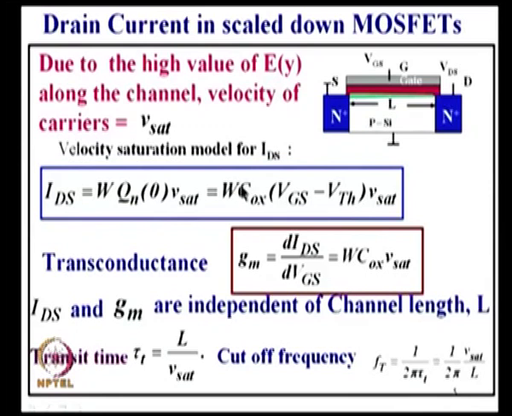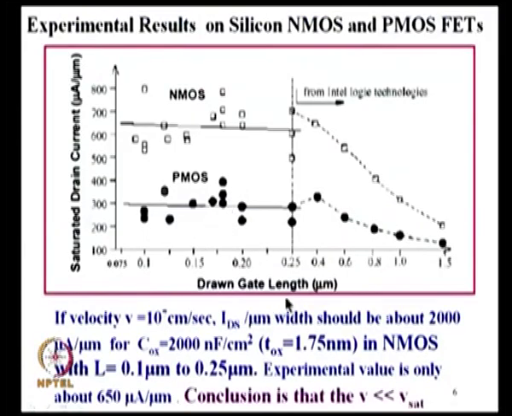So, 20 into 10 to the power minus 4 is 2000 into 10 to the power minus 6, that is 2000 microamperes or 2 milliamperes per micrometer.